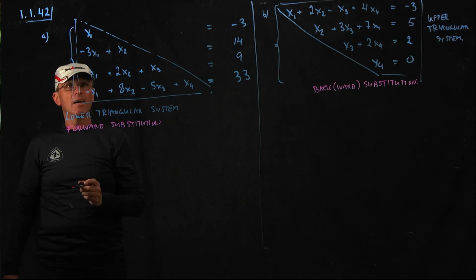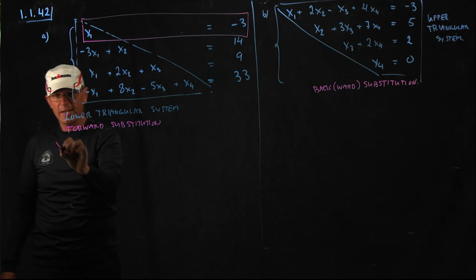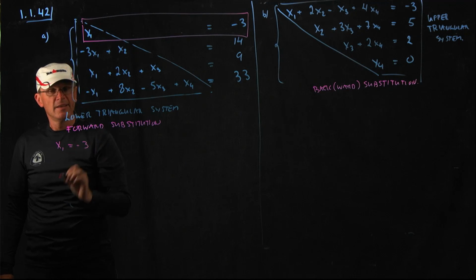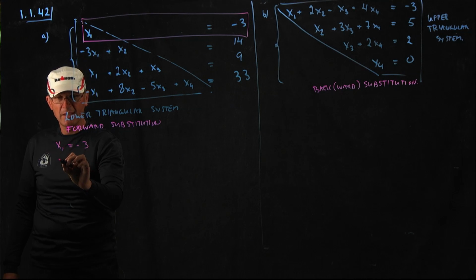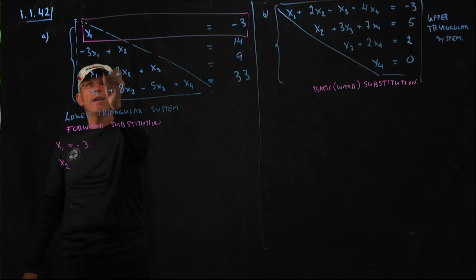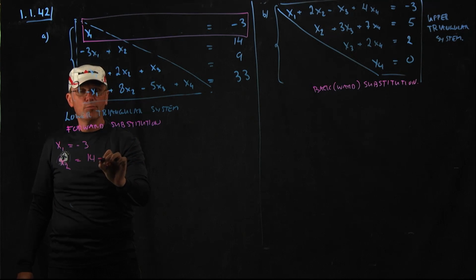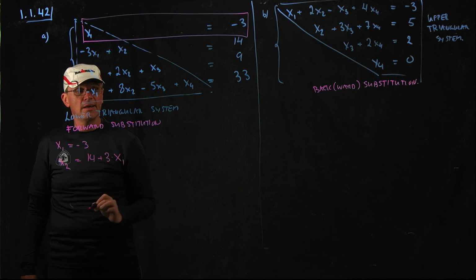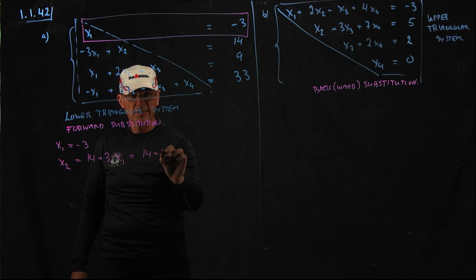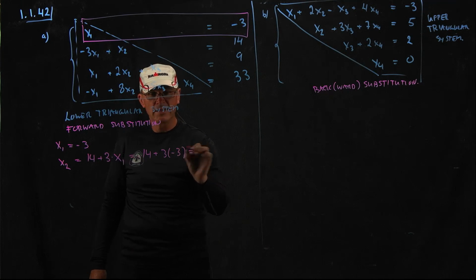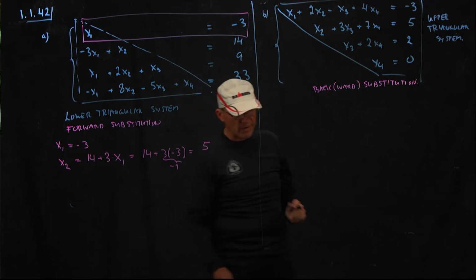Well, the first equation tells us that x1 is -3. Then we take the second equation, so then we have x2, and x1 is known, so we can move that to the right-hand side, right? So we have 14 plus 3 times x1. So that's 14 plus 3 times -3, so this being -9, so x2 is 5.